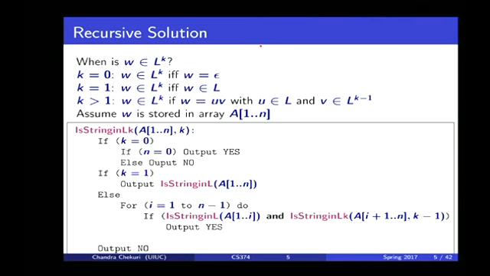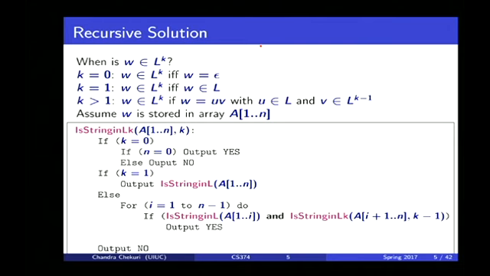So if k equals 0, when should we say yes? If n equals 0, meaning the string is empty, then output yes, else output no. If k equals 0 and the string is non-empty, we should output no. If k equals 1, we check whether the string is in the language.